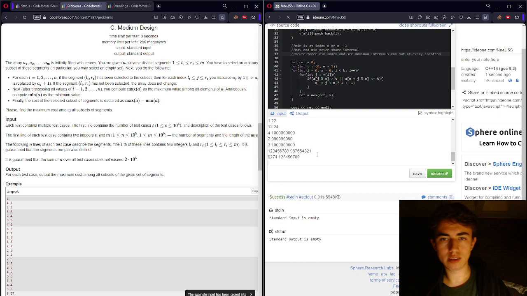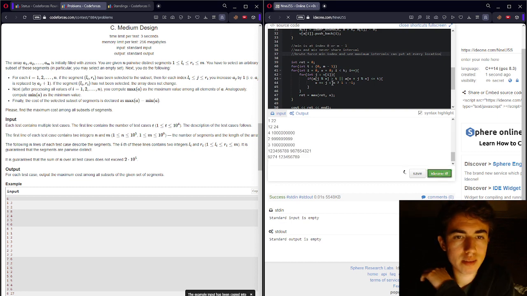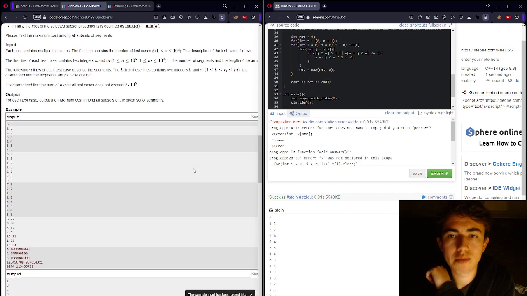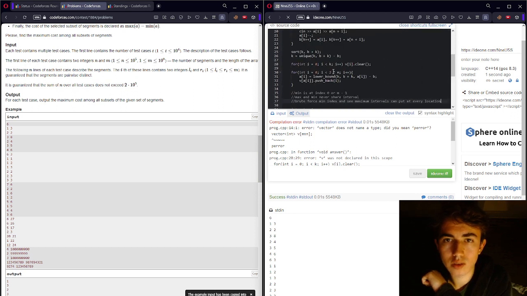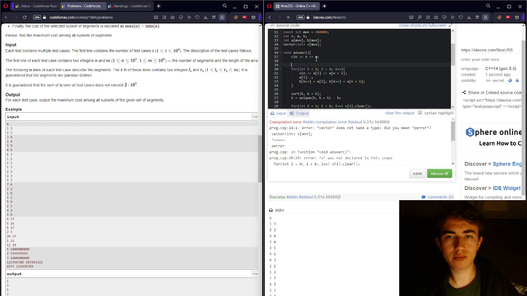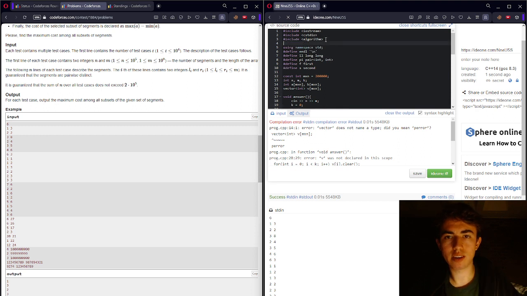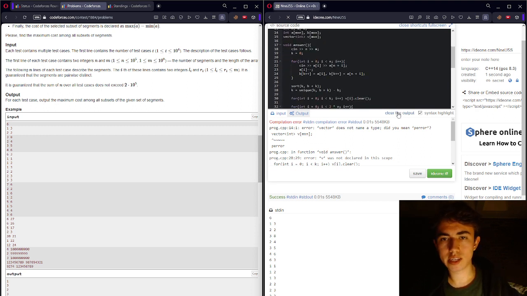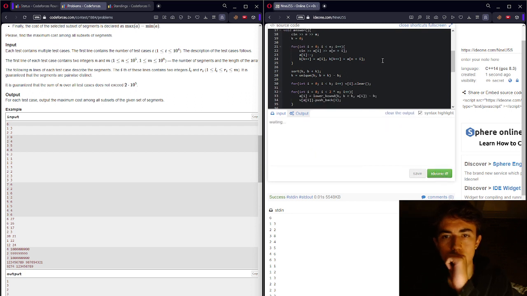Wow, that was a real sad implementation, but we finally got through it. Vector. Oh, alright. Also, we need a reset k. And we need to include vector. And that should all be good.